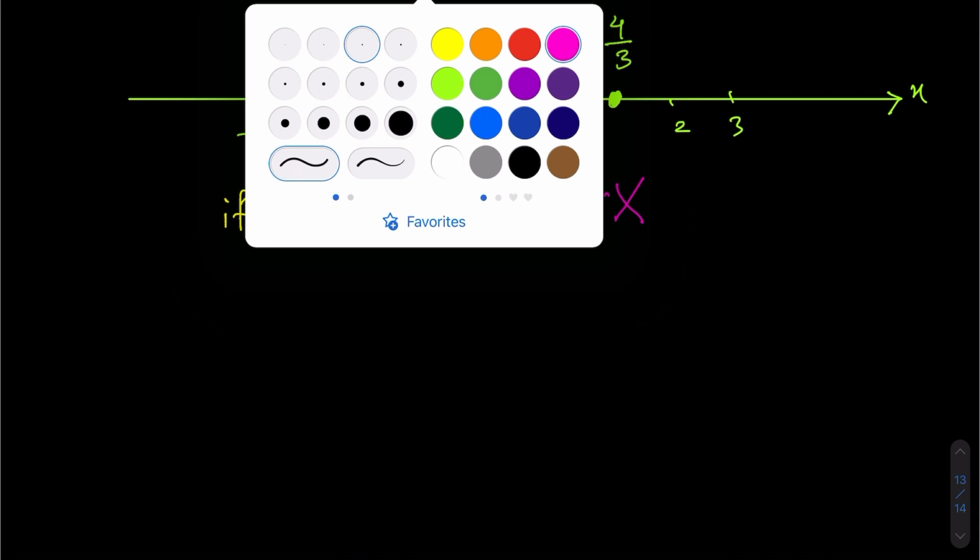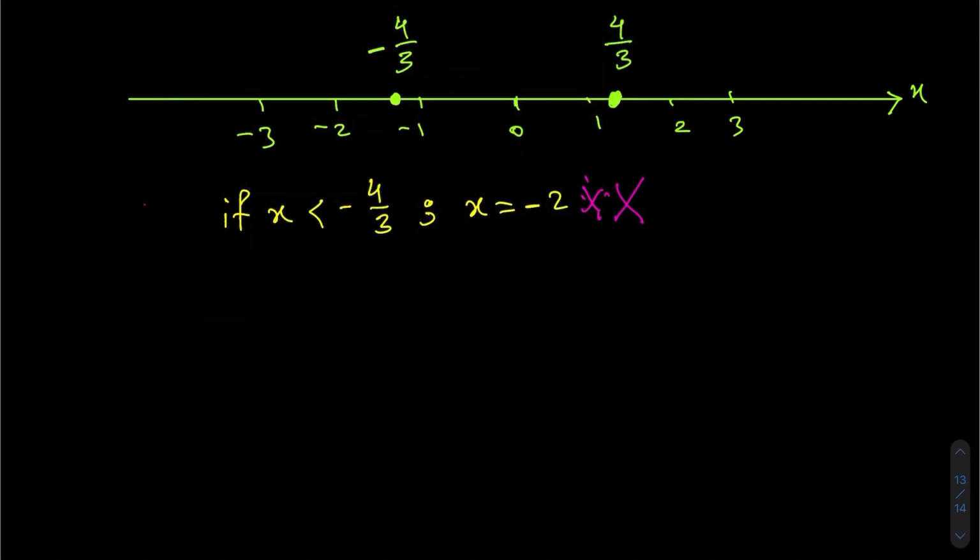Now what if x is more than -4/3? So this area I need to check to see whether they belong to the answer or not. But I cannot keep going until positive infinity, because +4/3 is on my way. So I need to make sure whether this area also belongs to my answer or not.